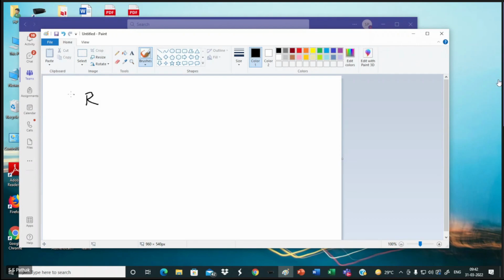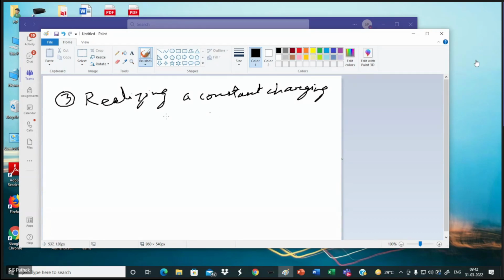Third, realizing constant current charging by feedback.